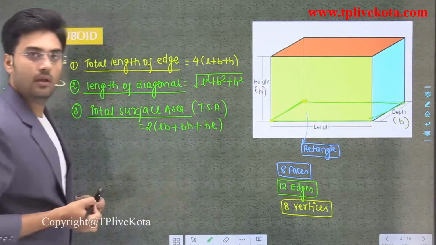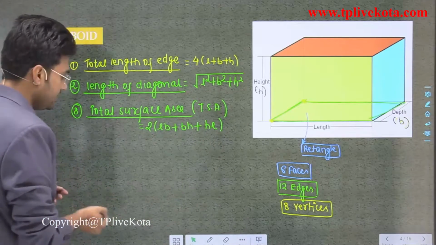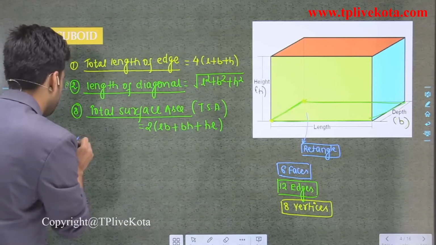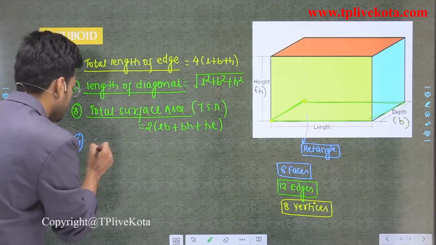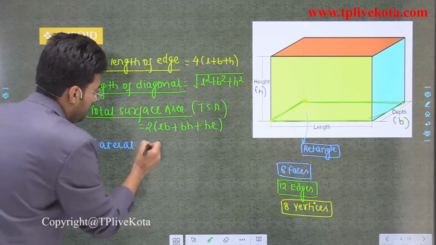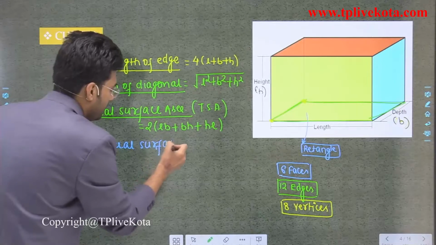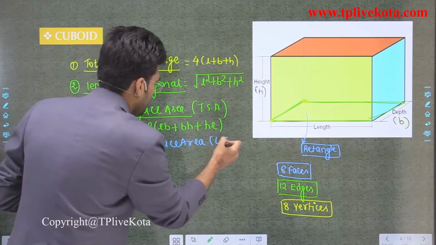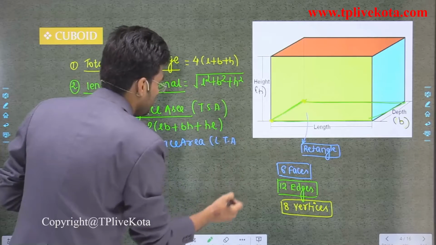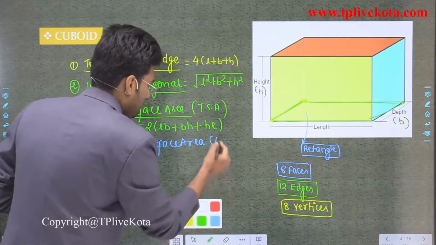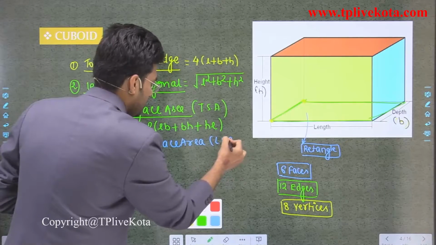Clear? Now after total surface area, the next is lateral surface area, LSA.